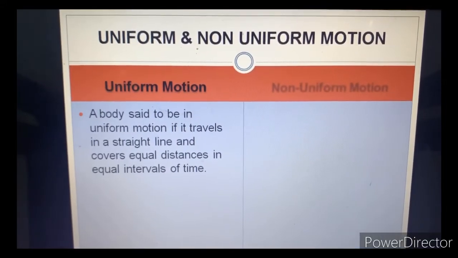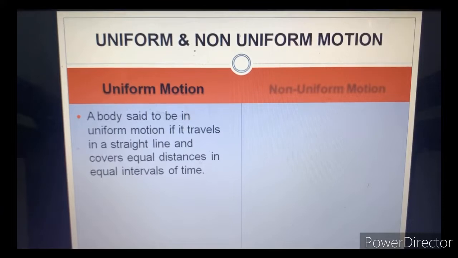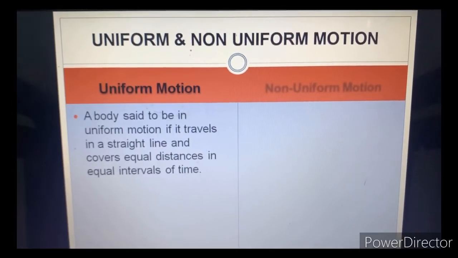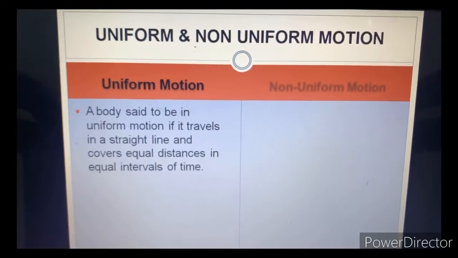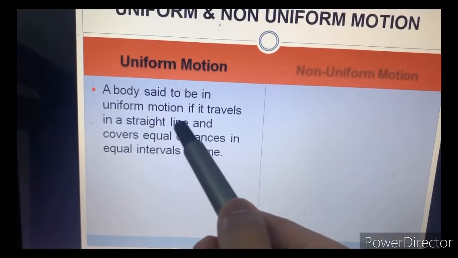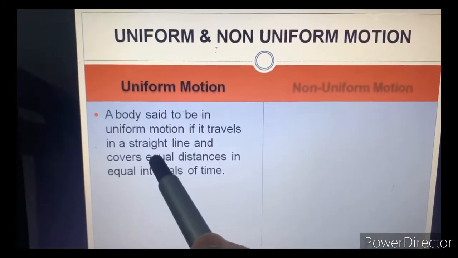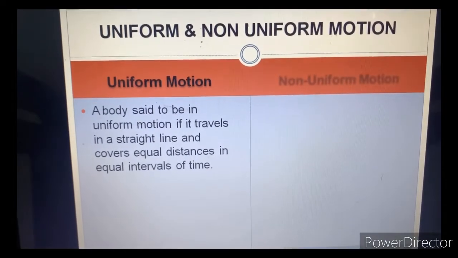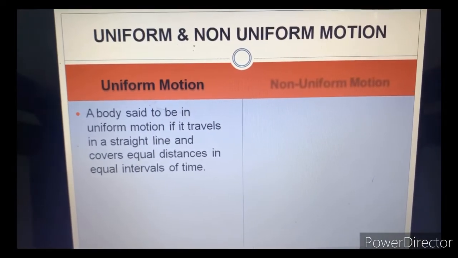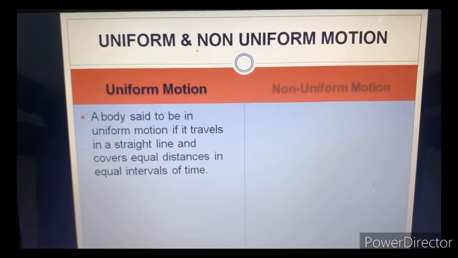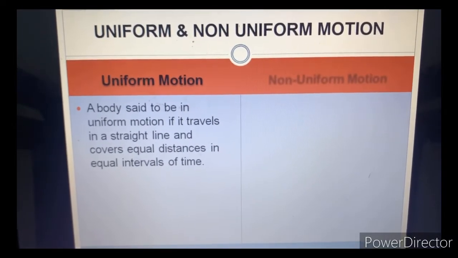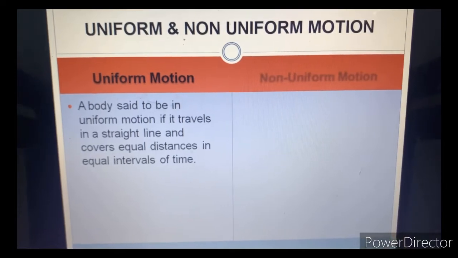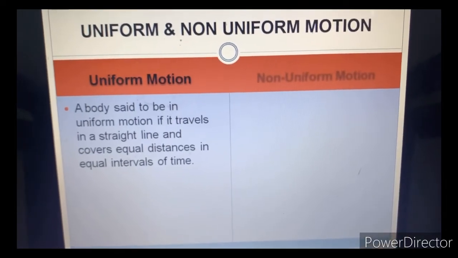So first you will understand what uniform motion is. A body is said to be in uniform motion if it travels in a straight line. This point is very important, straight line. Why? Because if it is not traveling in a straight line, or is in a curved path, then the body has to increase or decrease its speed.